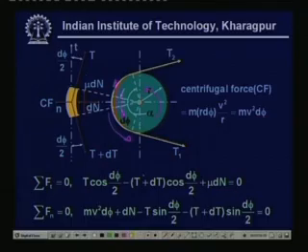So, here we are considering a simple situation where a portion of the belt has been selected, as shown in this particular figure.